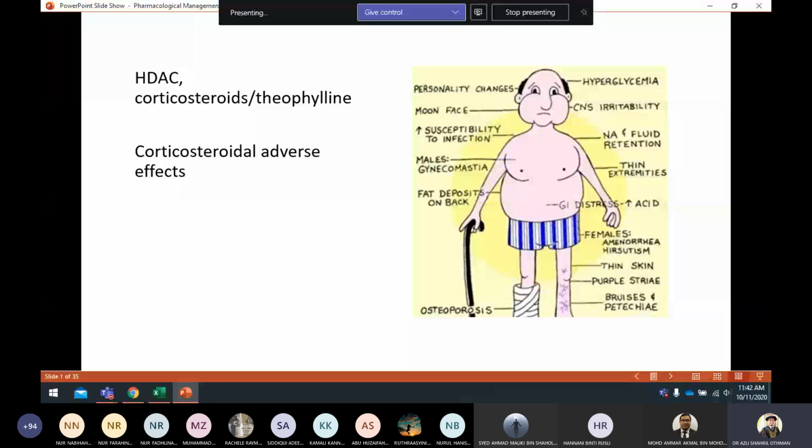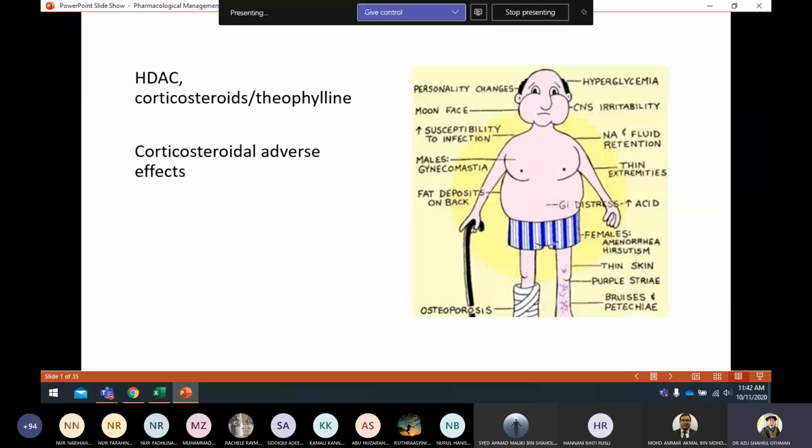In order for theophylline to work, it has to ultimately reduce inflammation. And one of the mechanisms by which theophylline is postulated to reduce inflammation is by the inhibition of the HDAC.